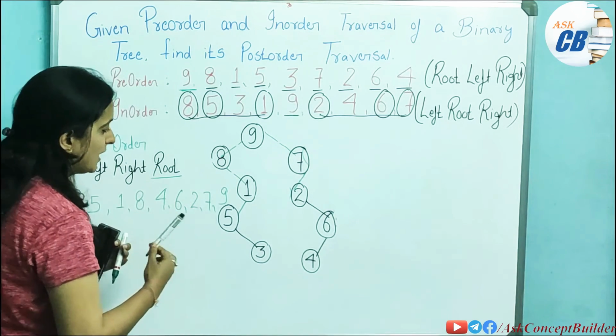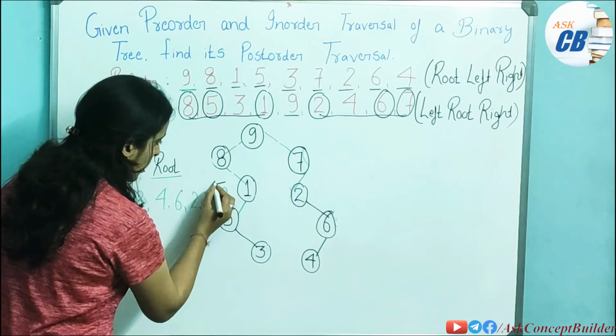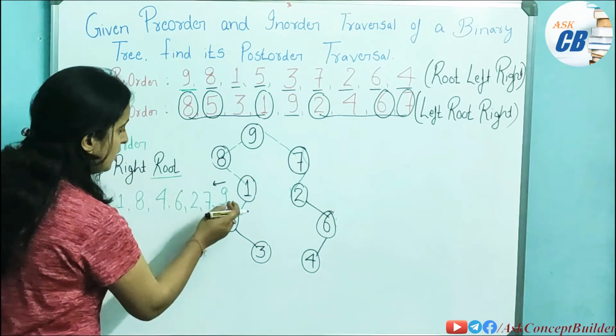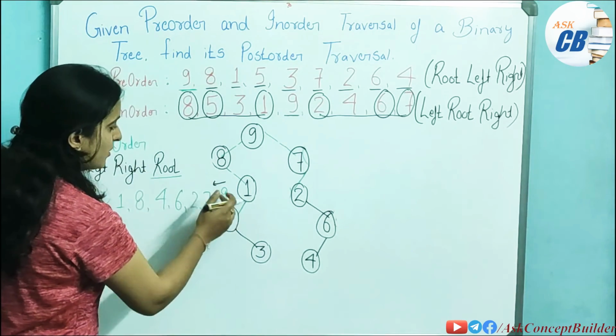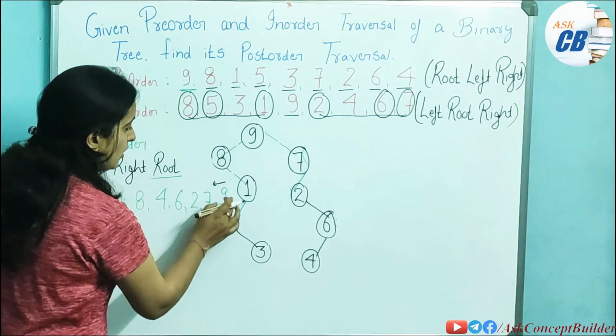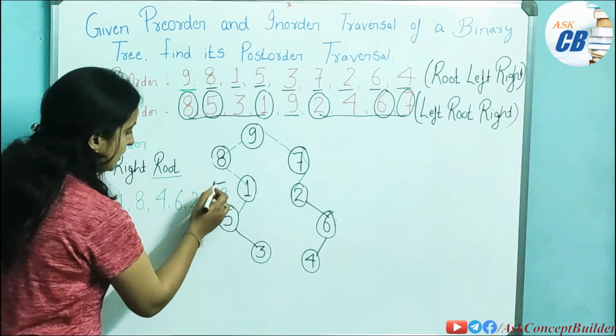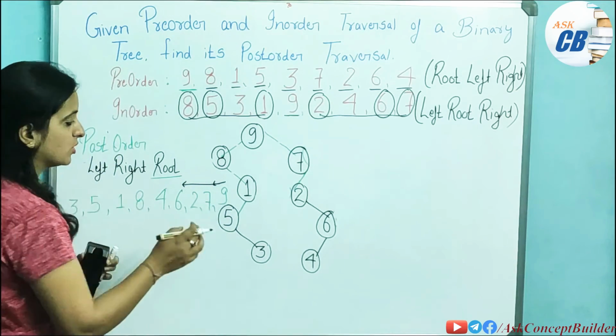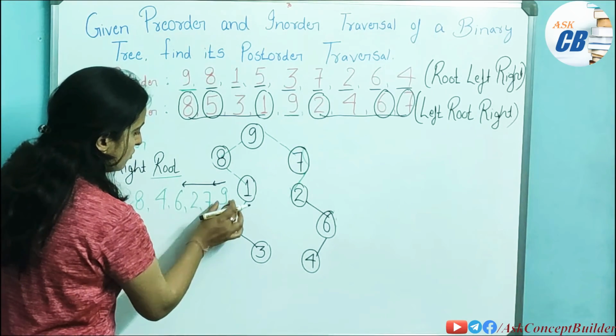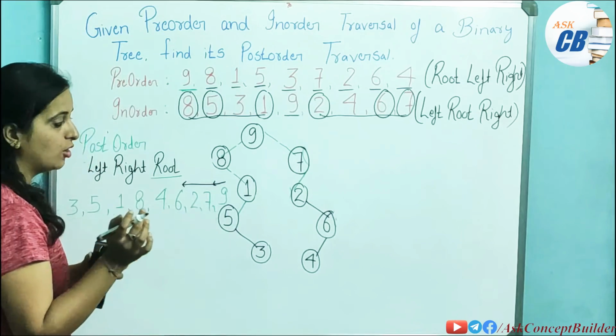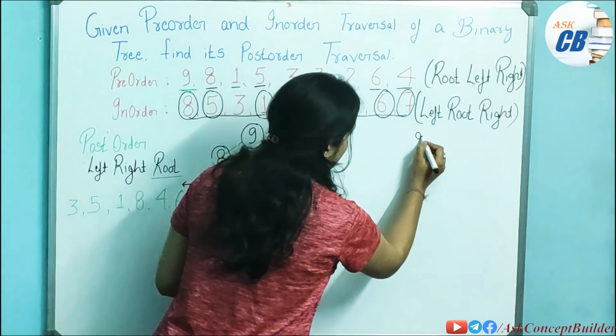So you have to see this post order traversal from the last and select the root node from the last. So first you see the last node, that will be a root node, so 9 will be the root node in that case.